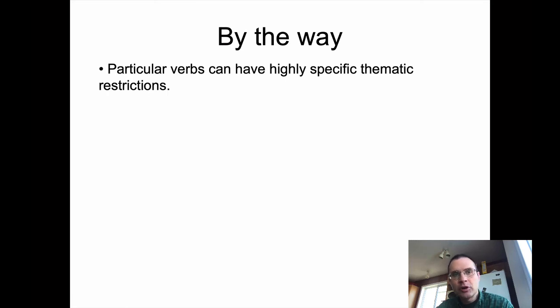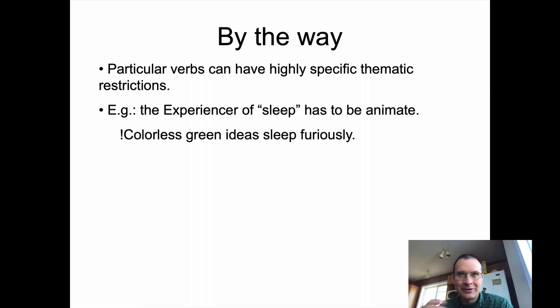So, like I said before, particular verbs can have thematic restrictions, or restrictions on what kind of noun phrases can fulfill the roles they demand in the expression of what's going on. So, for instance, with sleep, whatever noun phrase is experiencing sleep has to be animate, and this helps explain why this weird phrase, "colorless green ideas sleep furiously," doesn't really work semantically, even though it's okay syntactically.